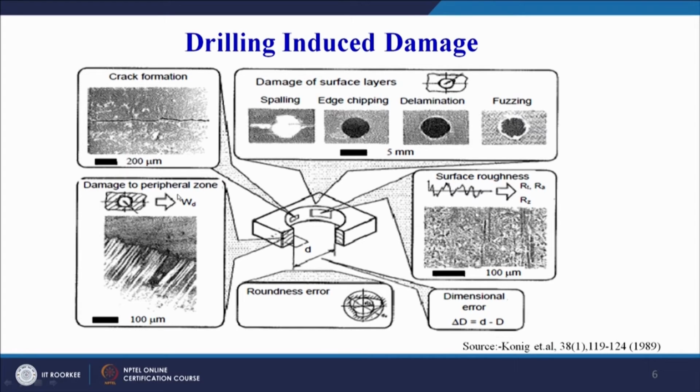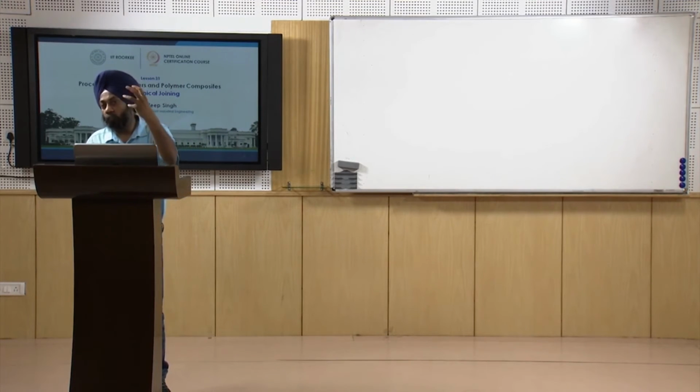Then at the peripheral zone, we can see we are not getting a very good surface finish. Fuzzing is one thing, fibers are coming out, and then delamination also takes place. I will not go into the detail of each one of these, but you can keep a few important damage forms in your mind which you can relate to when you are making holes in composite parts or products. Now what are these?